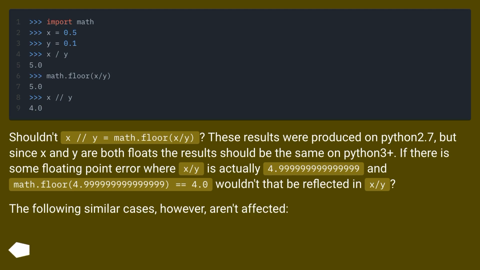If there is some floating point error where x/y is actually 4.999999999999999 and math.floor(4.999999999999999) equals 4.0, wouldn't that be reflected in x/y? The following similar cases, however, aren't affected.